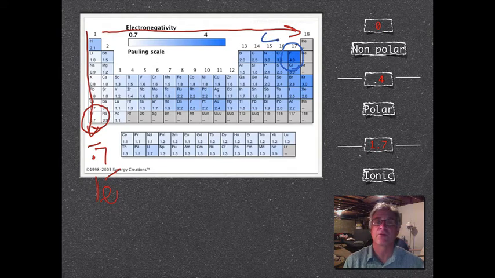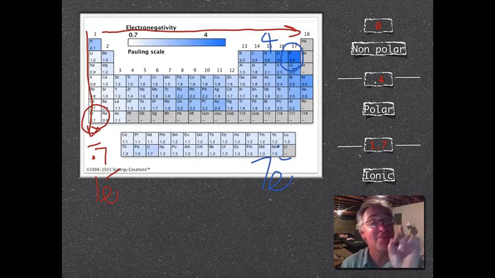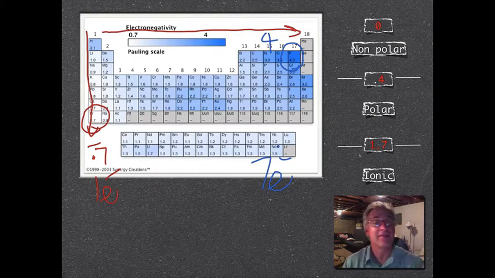On the opposite spectrum over here, we have fluorine. It has an electronegativity of 4. It has 7 electrons, and it only needs 1 more. If you've ever collected anything and you just need 1 more, you'd maybe pay a higher dollar for it. It has an extreme desire to get 1 more electron in its outer valence so that it can be complete and much more stable.